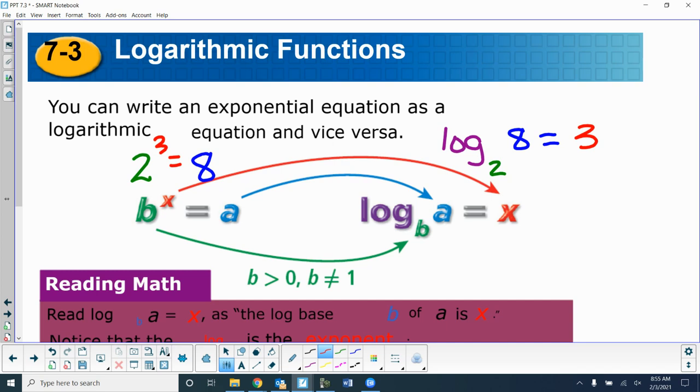So again, this is log base 2 of 8 equals 3. That means 2 to the third power equals 8. Simple. Questions so far? No questions? Okay, so let's practice.